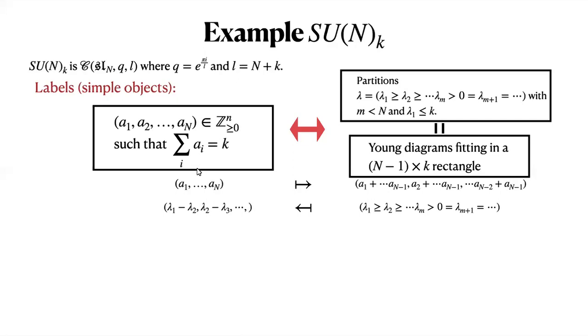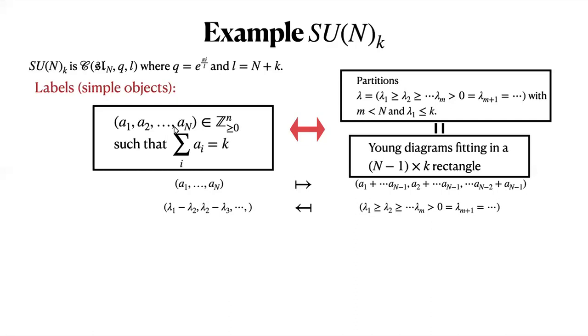And the formula to go from one of these sequences to one of these partitions is very simple. I wrote down here, if you have n numbers whose sum is k, then the partition associated is this one. And conversely, if you have a partition with these conditions, then you can associate the sequence in this way.